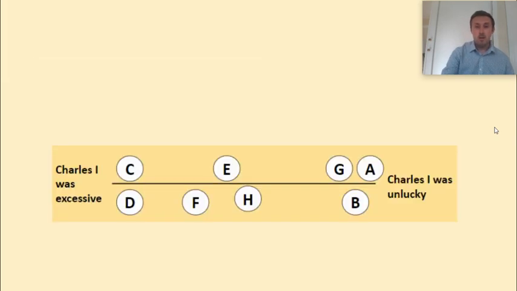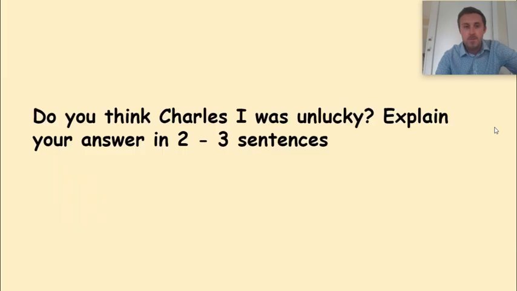Okay, so here's the scale I put together. I don't know whether it's similar to yours. I mean, there's a broad range there. There are certainly 3 pieces of evidence which suggest he was very unlucky, but there are some elements where he was excessive or where it was just his fault. He was spending way too much money. Okay.